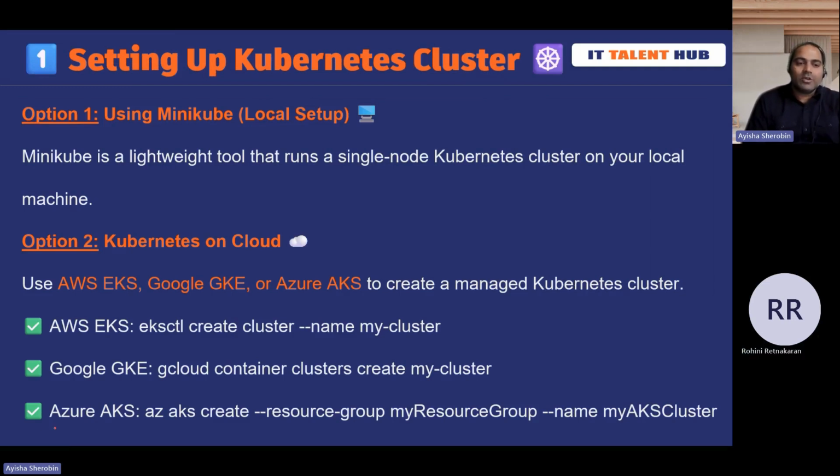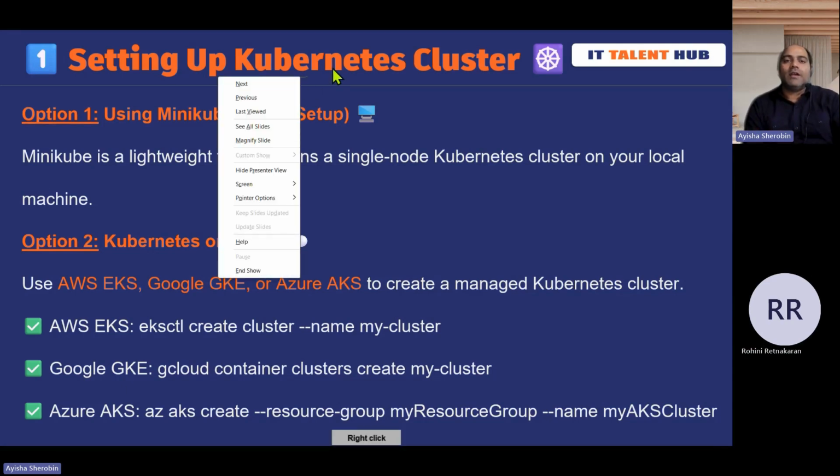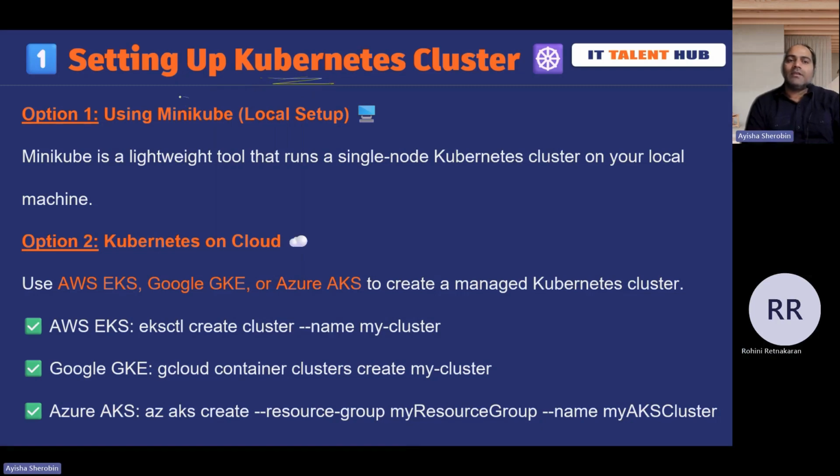Now to set up this Kubernetes, just now we have seen for Docker, we created one virtual machine, and on top of the virtual machine, we installed Docker and created containers. To set up Kubernetes also, we have different ways. We can go with Minikube, which is a local setup, with a single node.